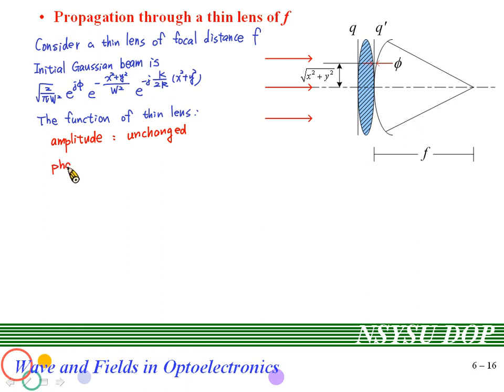But the thin lens will provide a different phase delay according to the distance between the points and the center one. And the phase delay is the L function, written in this way.